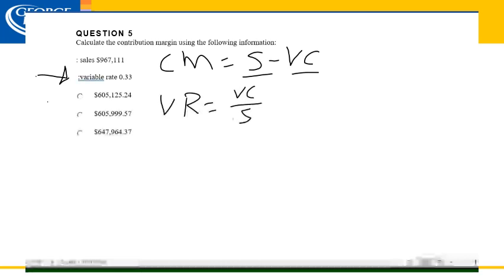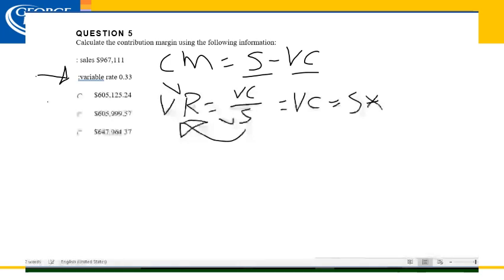Do we have our sales? Yes. Do we have our variable rate? Yes. And we can now isolate for our variable costs. So we rearrange this equation by taking our sales and multiplying it to the other side. We get our variable costs are equal to our sales times our variable rate.